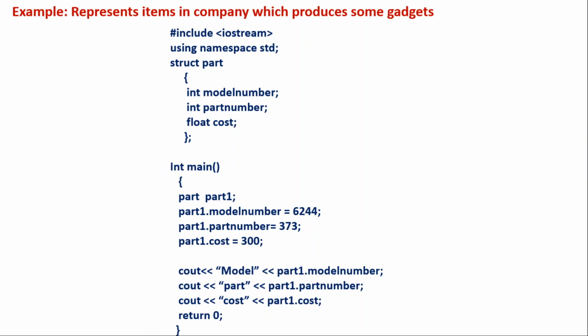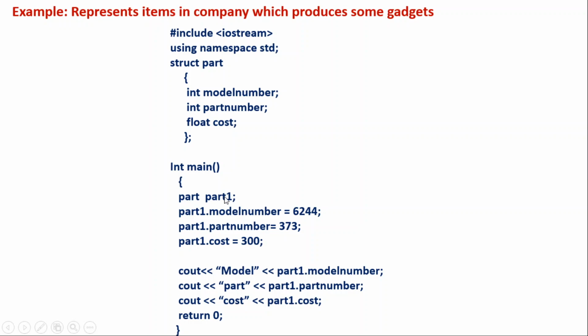So we have defined the structure named part. Now the next thing is we define a variable under this struct. Remember part was the name of the structure, and here I have defined part1, which means that part1 is a variable under this structure.